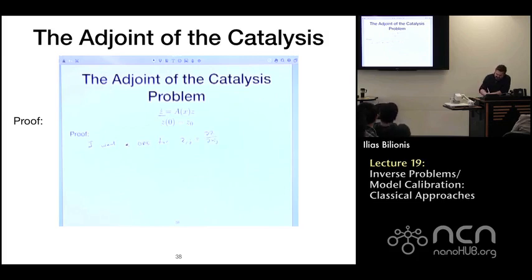So let me just take the time derivative of this thing. Here you go. So what is this? This is the time derivative of this. Let's write it like this.